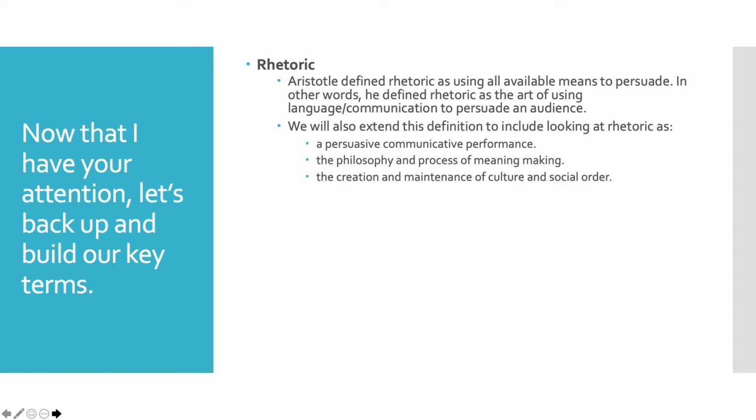As mentioned earlier, we're going to extend this definition to include looking at rhetoric as a persuasive communicative performance, like Aristotle had argued. We're also going to look at it as the philosophy and process of meaning making and the creation and maintenance of culture and social order. So if we bring those things together, then we can look at truly what power language holds.